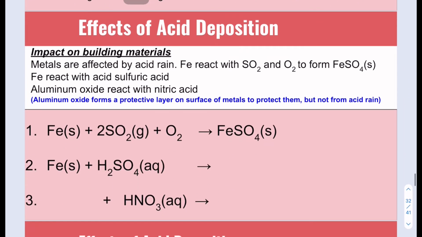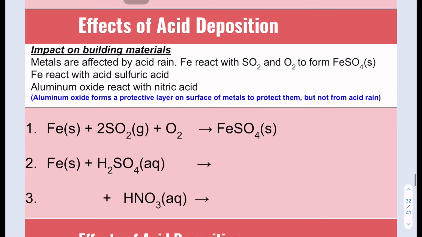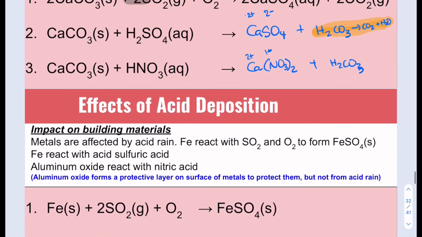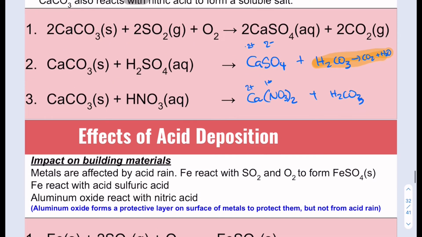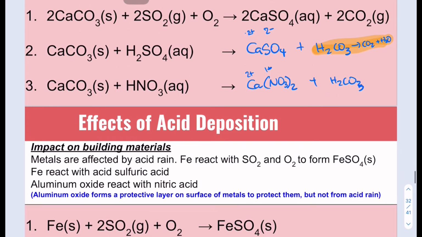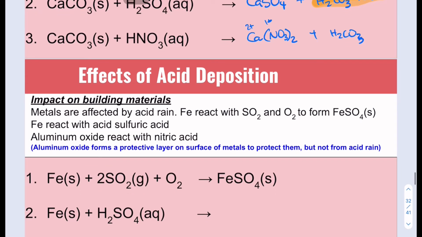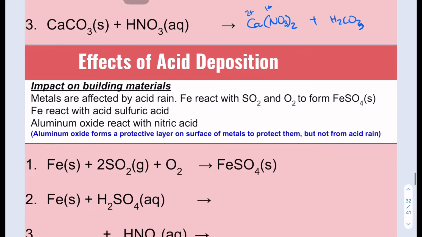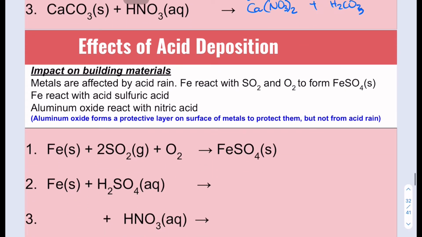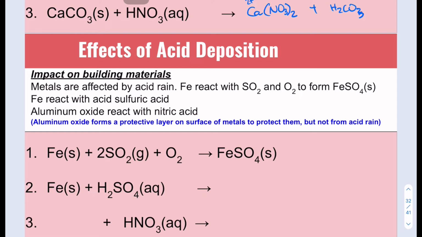Okay, some of the effect is not because of limestone and marble, which are calcium carbonate. Some of the effect is because some building materials are metallic, and we know that metals react with acids, and in this case we're again forming a sulfate.